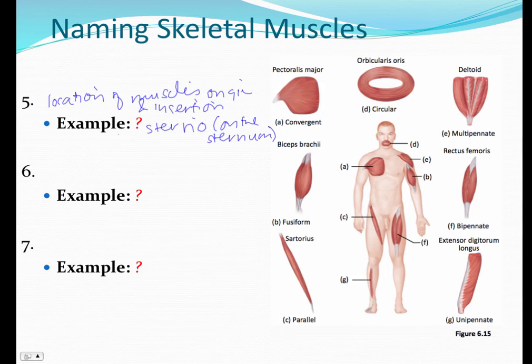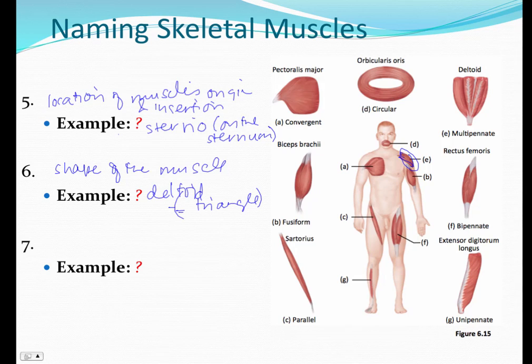A muscle you'll see is sternocleidomastoid, and that one deals with the sternum. So we have some insertion and some interaction with the sternum. And also the shape of the muscle. An example is deltoid, which is a triangular shape, and that's this muscle over here. So it's this nice triangular shape.